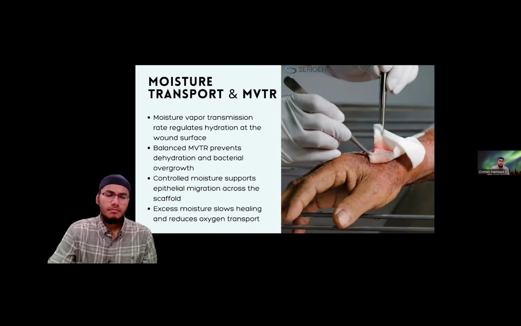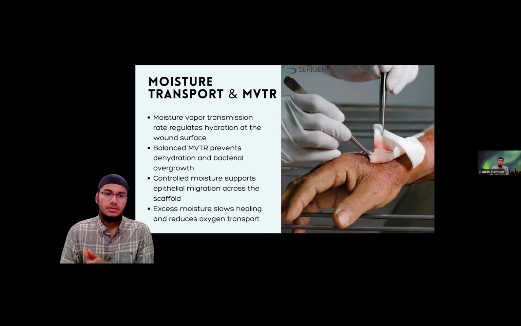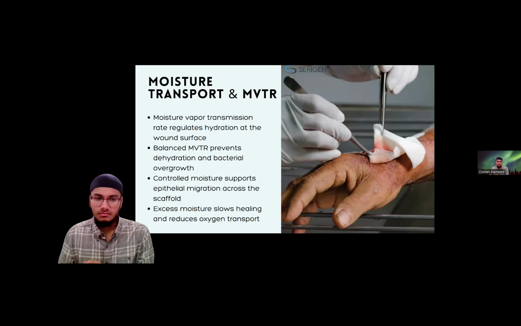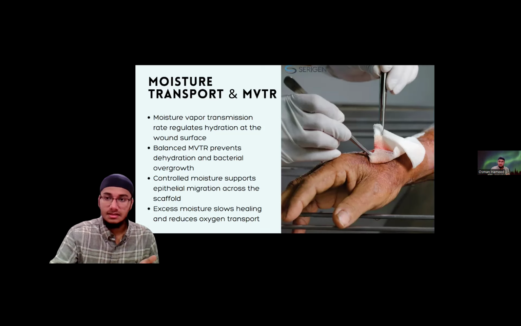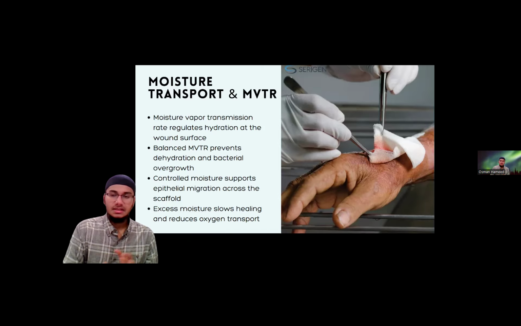With this kind of thing, you have to look at the oxygen trade-off. If you have excess moisture, then it can fill up the pores and it can fill up the spaces, and there's not going to be that much transport that's going to be capable past that. But this can also reduce the effect of the oxygen diffusion because of the scaffold.